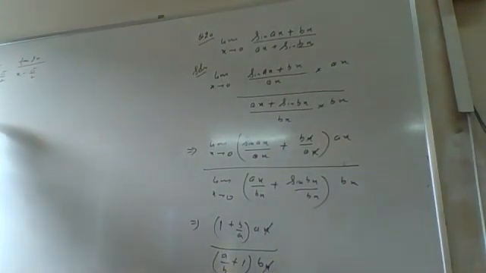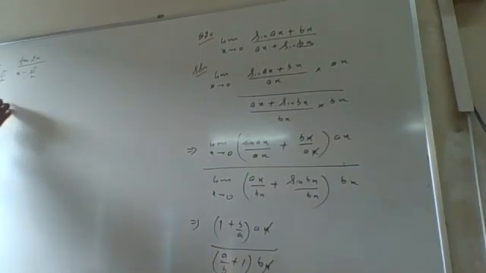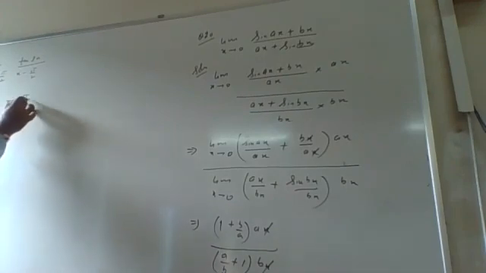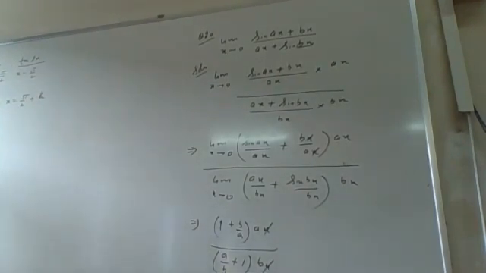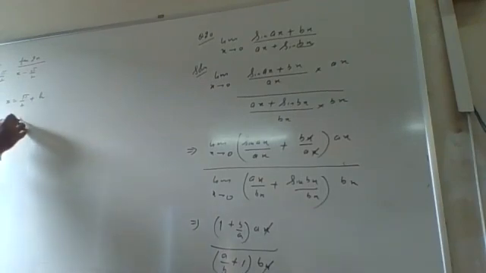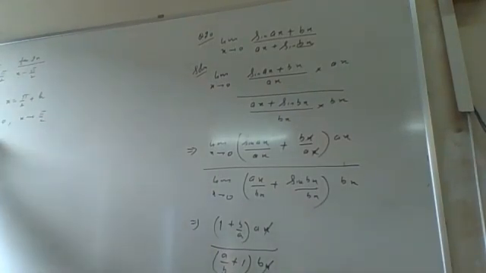So, x is equal to pi by 2 plus h. When h tends to 0, x tends to pi by 2.